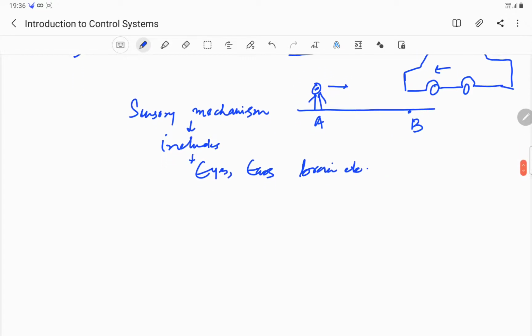So now coming to the definition of a control system. Now let's define a control system.